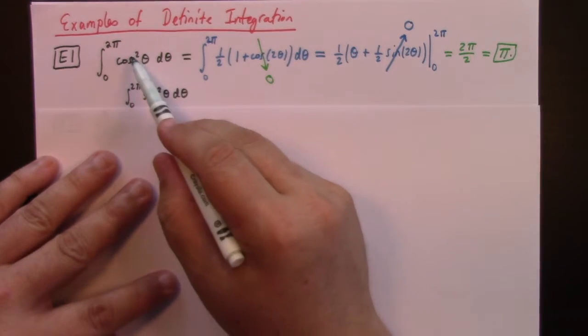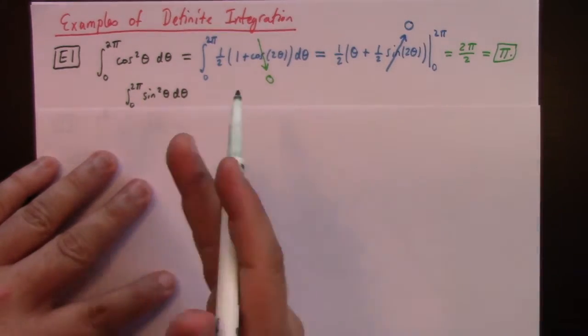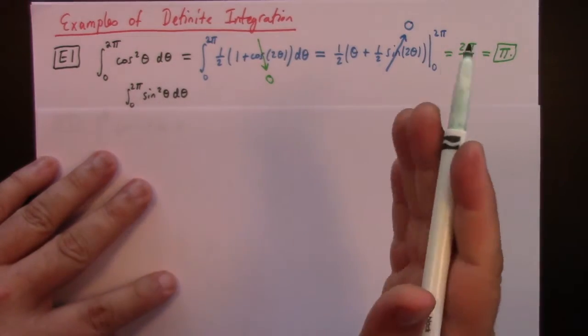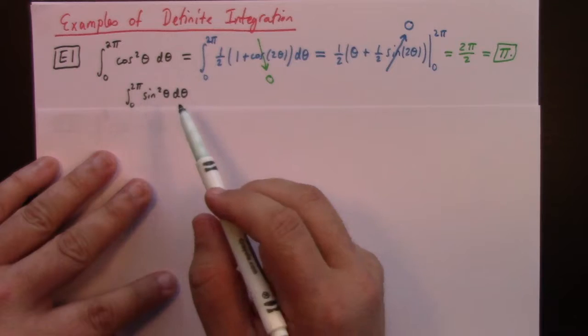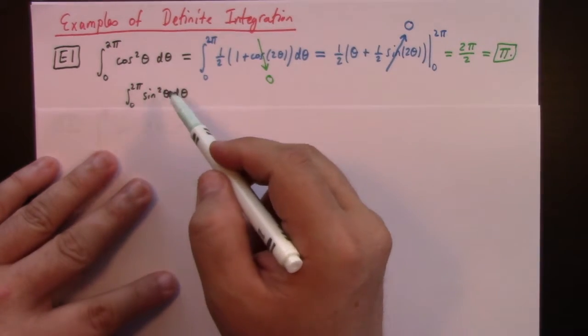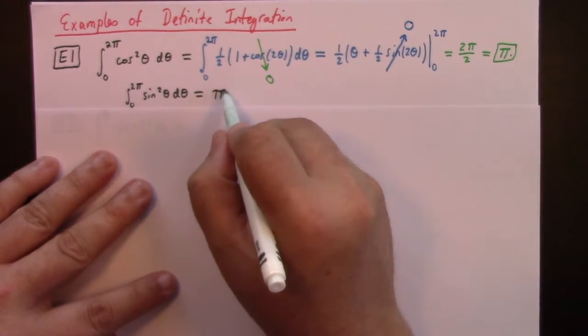So geometrically, this graph and that graph, it's the same graph, it's just been moved around. The same y values are attained, granted at different theta values, for y equals cosine squared versus y equals sine squared theta, right? So it stands to reason that these two integrals are equal. So this is also equal to pi by geometry.